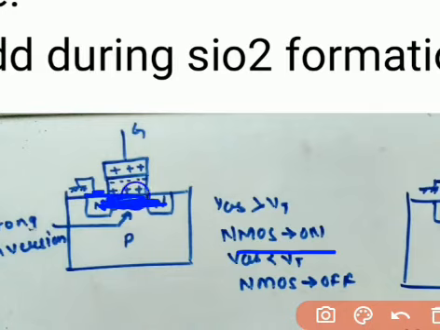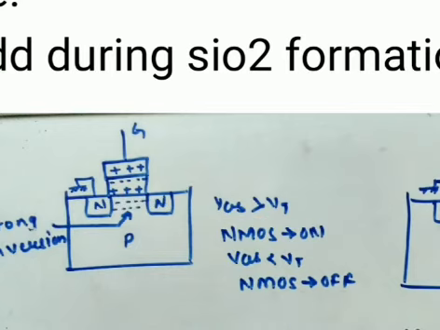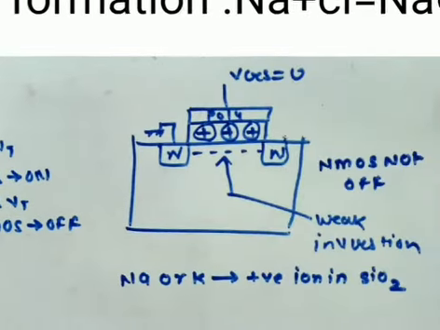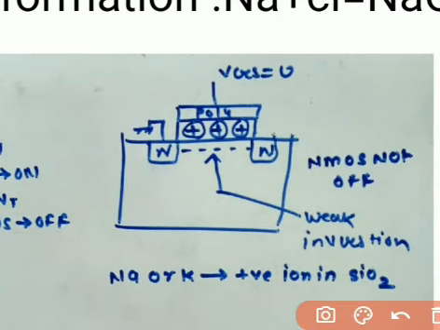So let us understand what happens when there is a positive impurity present in the gate oxide. So when there is a positive impurity in the gate oxide, and we did not apply any gate voltage.